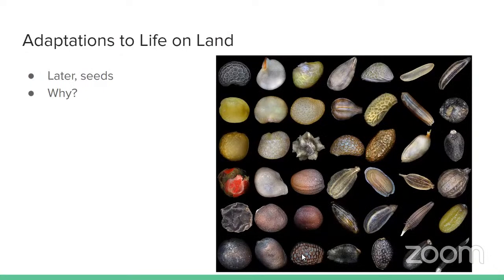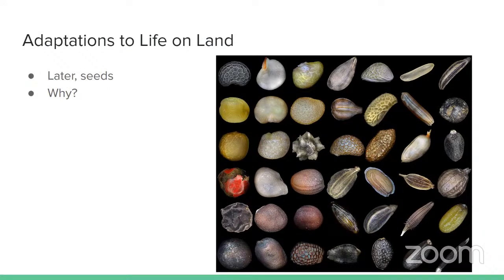And then later on, we're going to see the development of seeds. Our earliest plants reproduce through spores. Spores are reproductive structures. We think about them as distributing the equivalent of sperm, essentially.